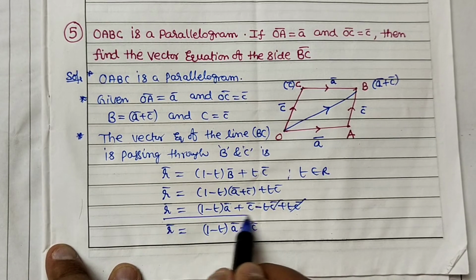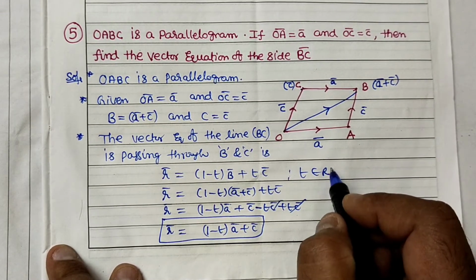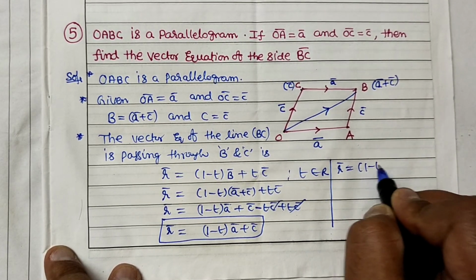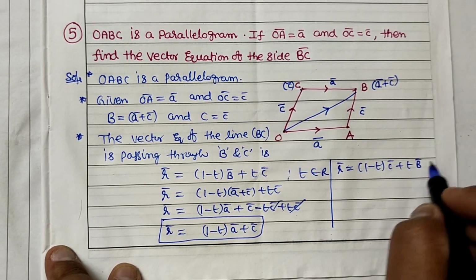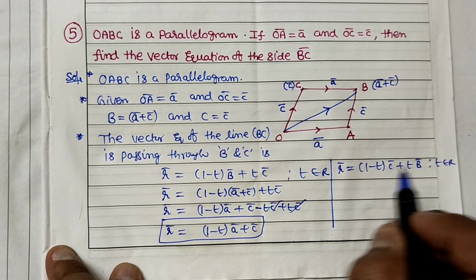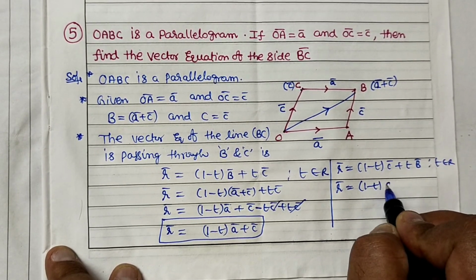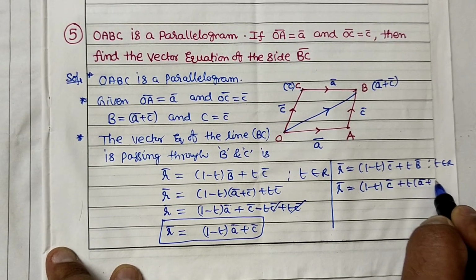Otherwise, we can do it like this also. Sir, why can't we take it like this? Some doubt will arise. We can take it like this also: R bar equal to 1 minus T into C bar plus T into B bar, T belongs to R. So R bar equal to 1 minus T into C bar, plus T into A bar plus C bar.